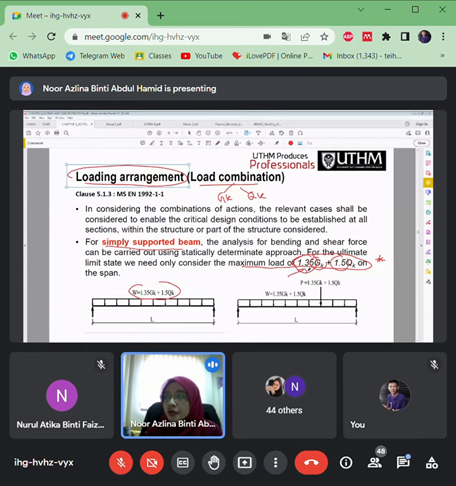Then we add another safety factor. Remember we go for safety, right? So it's like 135% for GK and another 150% that we consider for QK.